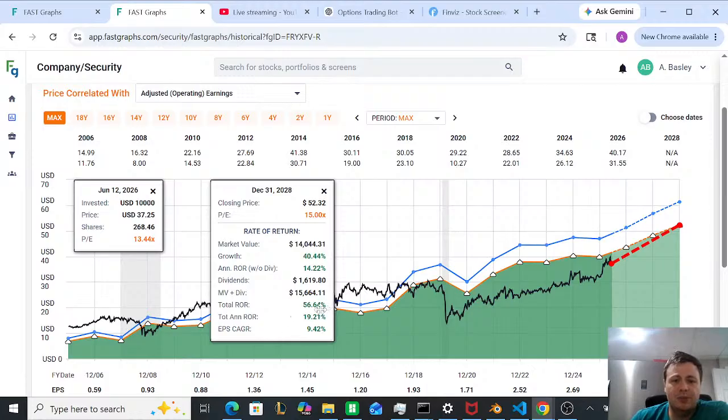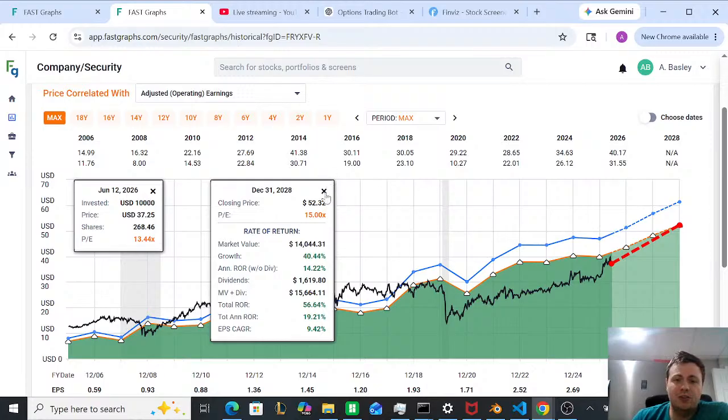So we could be looking at a total annual return year over year of 19%, and 9.42% of that would be from earnings. That means the other parts would be from dividends and the multiple expanding.